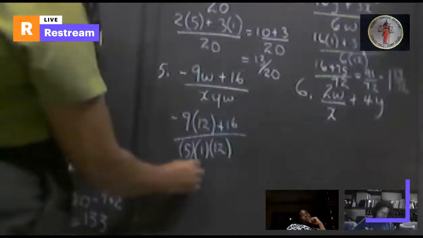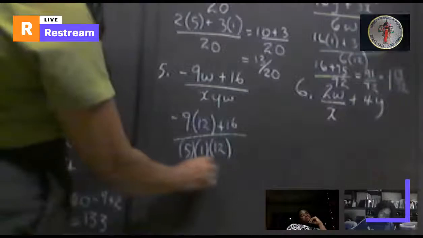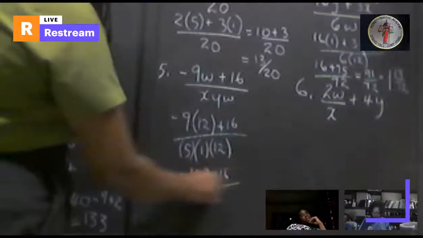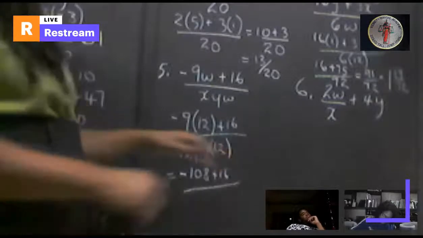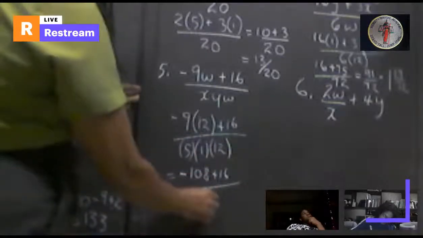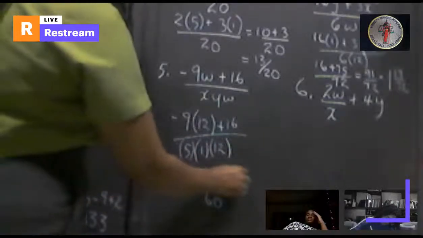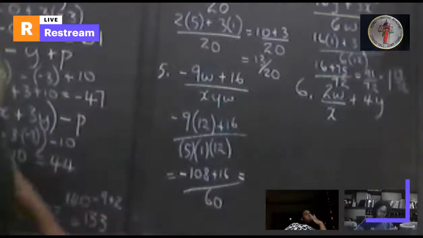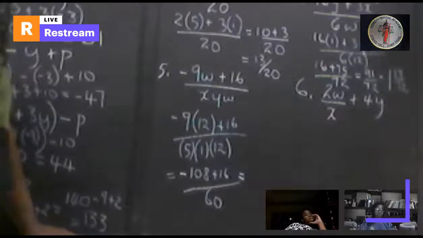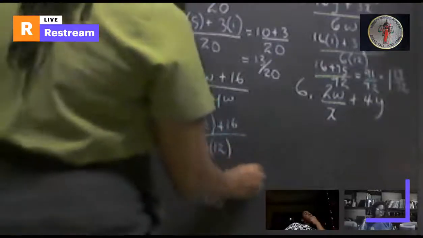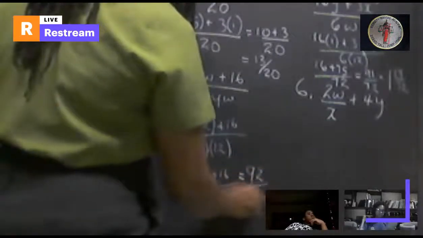Negative 9 times 12 is negative 108, plus 16. And 5 times 1 is 5, times 12 is 60. Negative 108 plus 16, miss, that's 92 over 60.